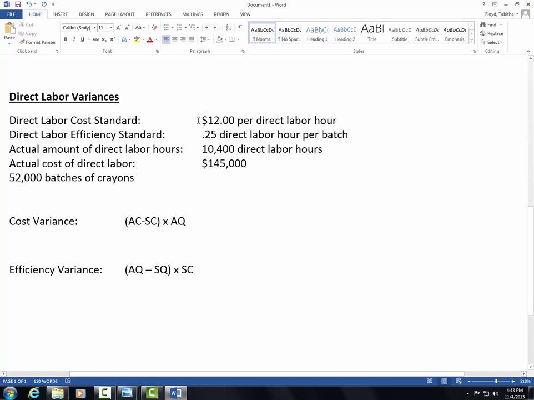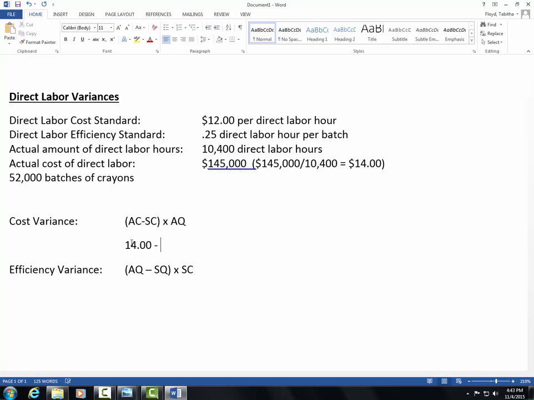Our actual cost is not given to us per direct labor hour, so we have to calculate it. It's 145,000 divided by 10,400, and that gives us $14 per hour. We actually paid our workers $14 an hour. That's our actual cost.